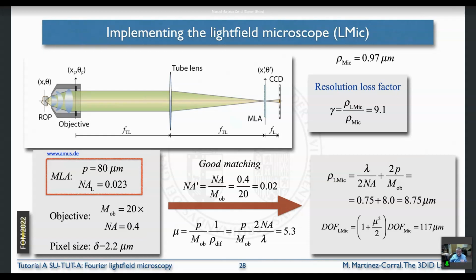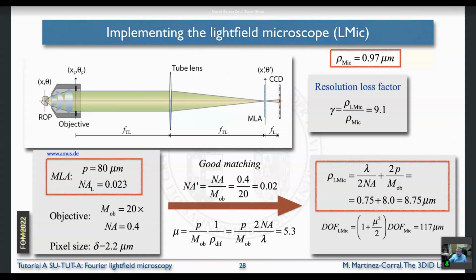First, we check if there is good matching. So I evaluate the numerical aperture of the native microscope here. It is 0.5 divided by the magnification, 0.02. There is good matching with this microlens array. Everything works. Second, I check if the condition mu bigger than 5 is satisfied, so that we have no problems with diffraction. We calculate 5.3.